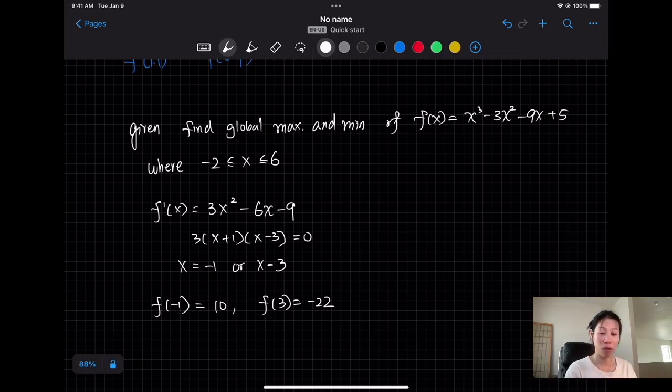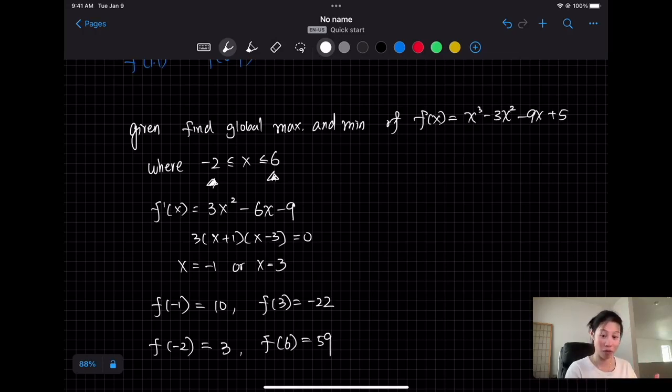And now after we check the critical points, I still need to check the endpoints because, like I said with the graph earlier, sometimes the global maximum occurs at an endpoint. So the endpoints are -2 and 6. We substitute -2 into the function, I got 3, and 6 into the function, we got 59.